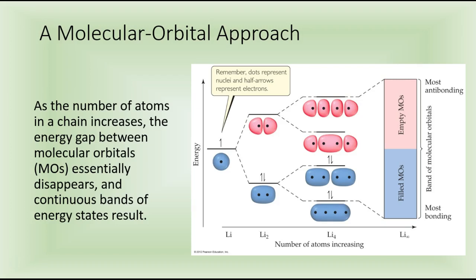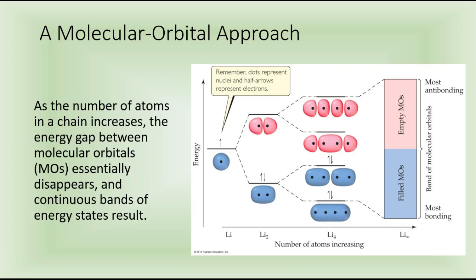And so the idea with molecular orbital theory is that the bonding orbitals for a structure of a whole bunch of metal atoms basically becomes a band, or a region where you're likely to find those electrons.